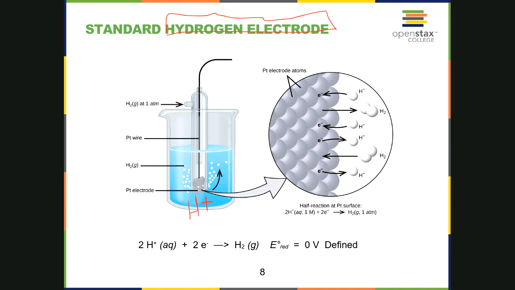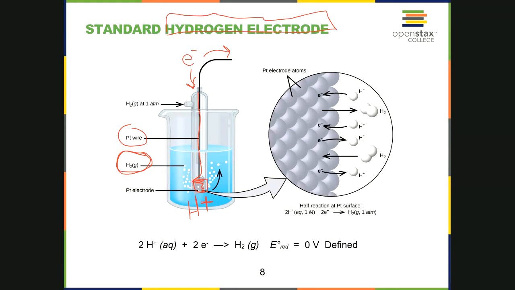And that's getting converted into hydrogen gas up here. And we have another inert electrode. It's platinum. It's this wire that's coming down to a piece of platinum at the bottom. And that's just a way for electrons to get either out of the solution or into the solution. They can flow either way, whatever they need to do.